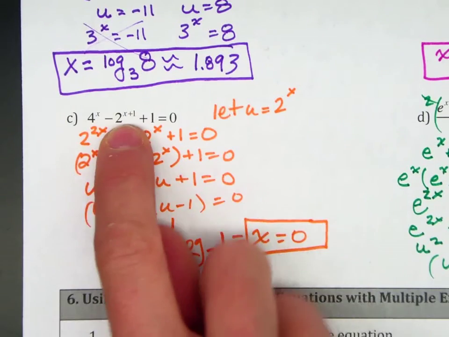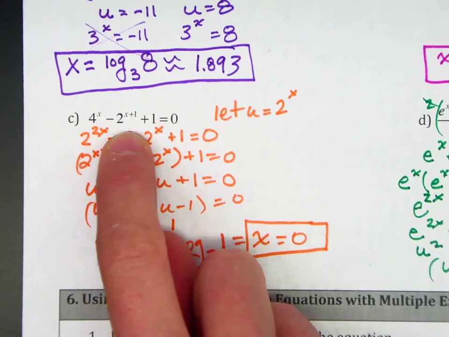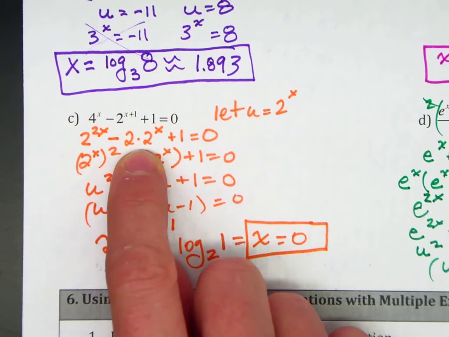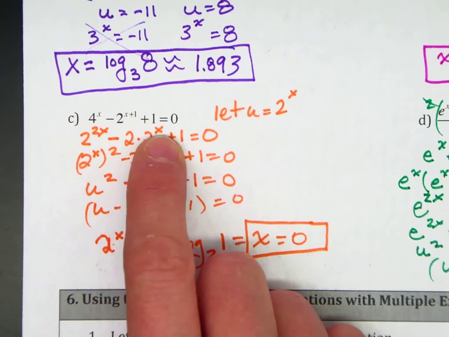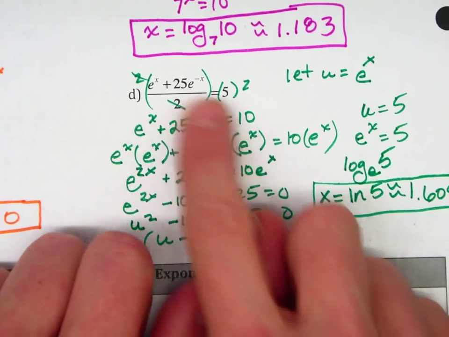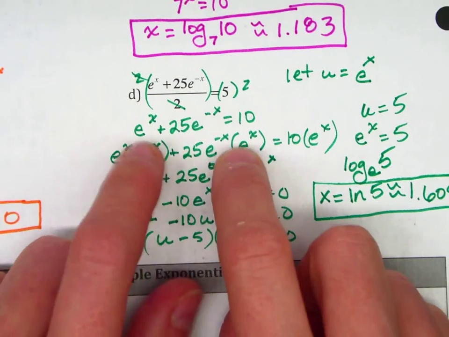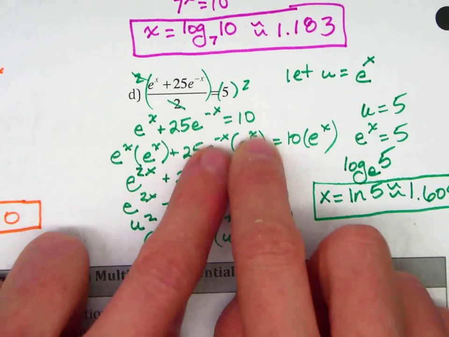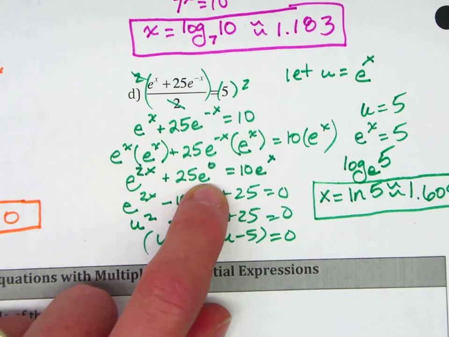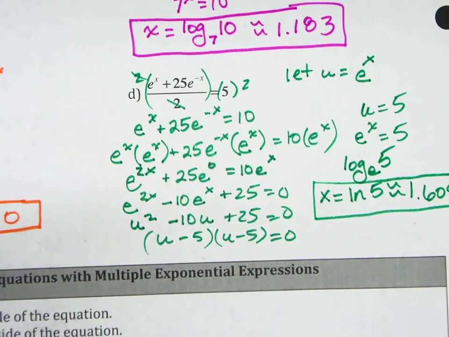The third one, we had to do the perfect square again, but we also had to split apart that binomial exponent so that we would have 2 times 2 to the x, right? And then the last one, to get rid of the negative, we had to multiply by the same base to the exponent so that we would get an e to the 0 to eliminate the negative exponent, okay?